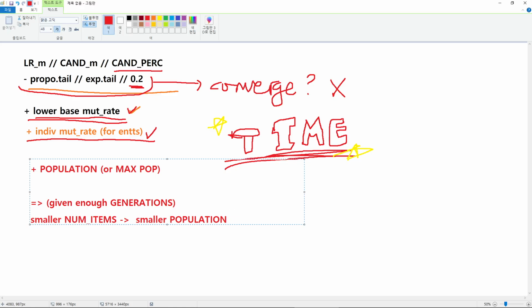Not to be confused with initial population, because they're kind of similar but not the same. They can be the same in number, in size, but they're not exactly the same. But anyway, a smaller number of items means a smaller population for convergence.